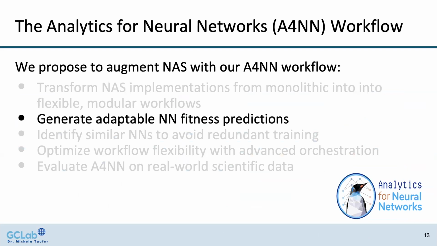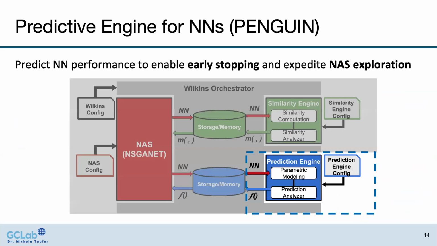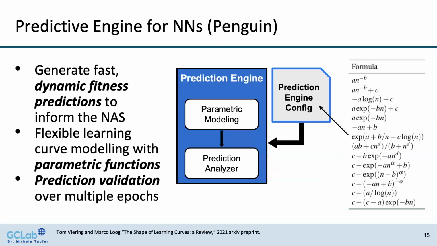The second component of our A4NN workflow is the predictive engine. The predictive engine essentially estimates how a model's accuracy will change in the next few training steps. With this information, we can make informed decisions about stopping early the training of a model for which the performance might have converged or stabilized.